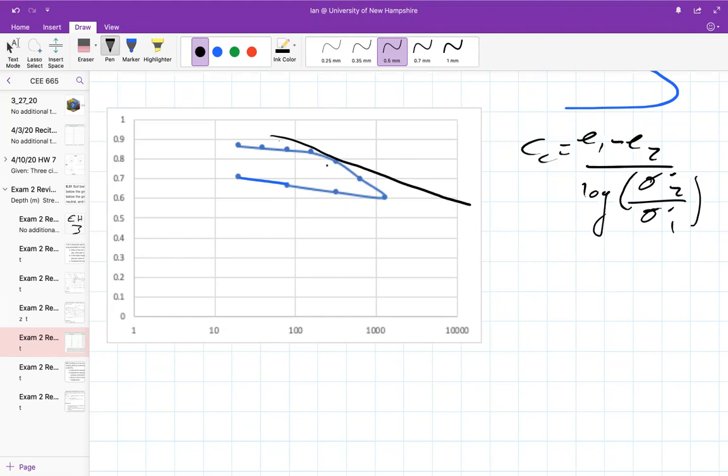Sometimes we don't draw it perfectly, so let me draw it one more time. Something like that, yeah. Sometimes you have to do it multiple times till you get something that makes sense.